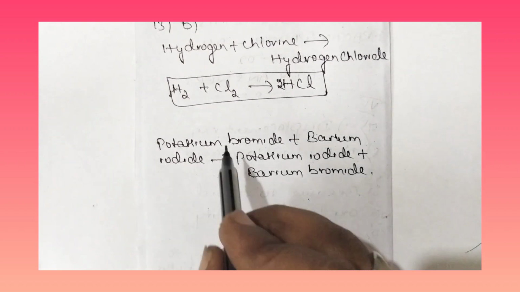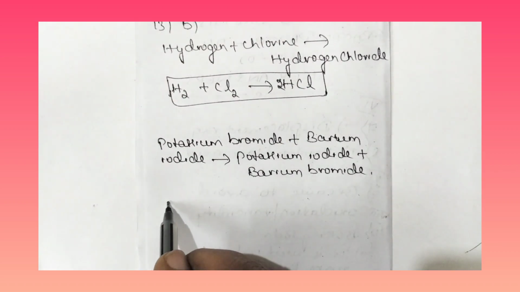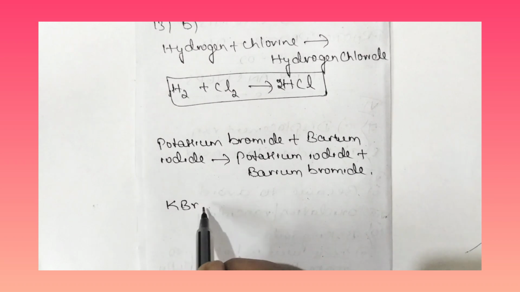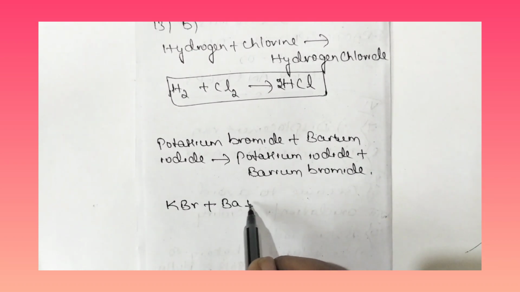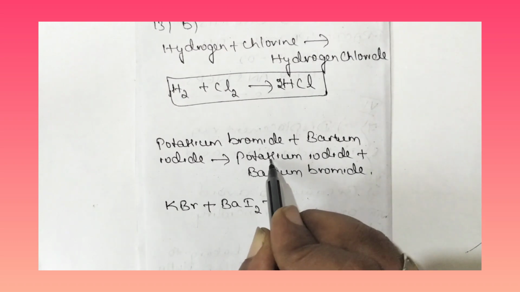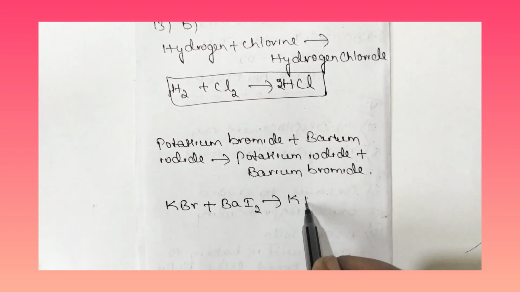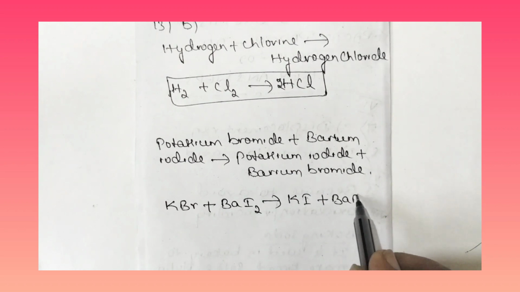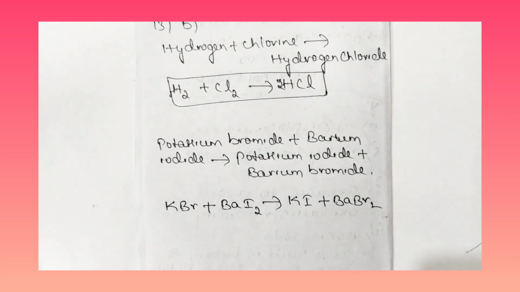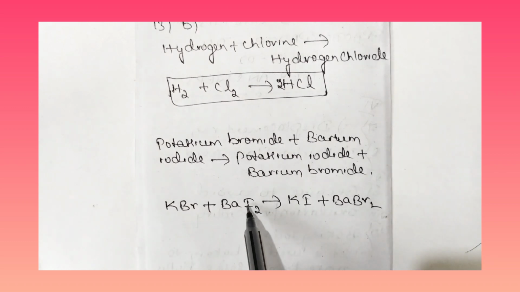So now let us move to this one. Potassium bromide KBr plus barium iodide BaI2 give rise to potassium iodide KI plus barium bromide BaBr2. So now here iodine 2 is there, but here iodine 1 is there.